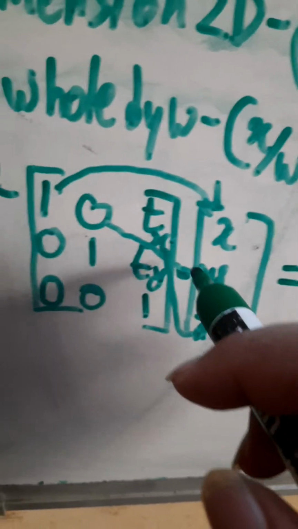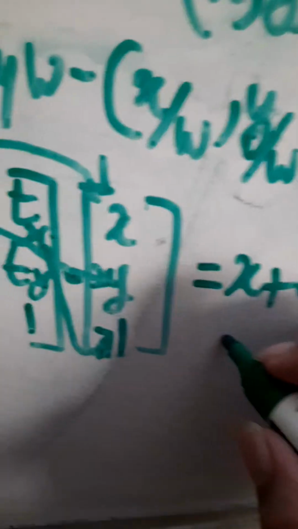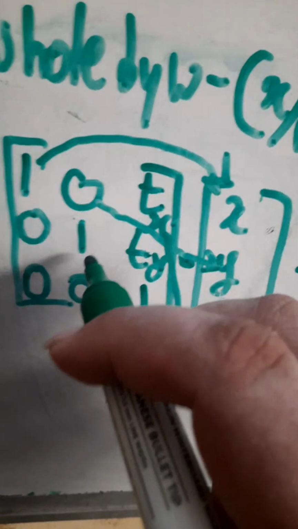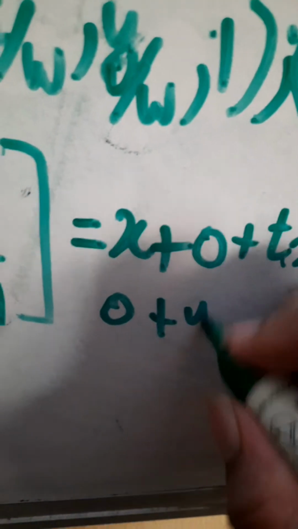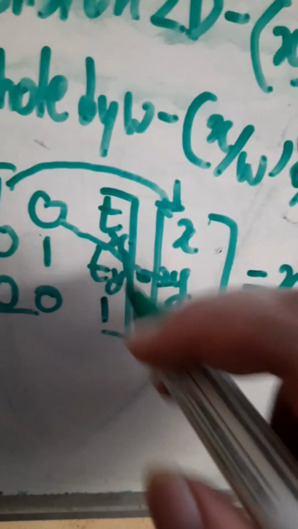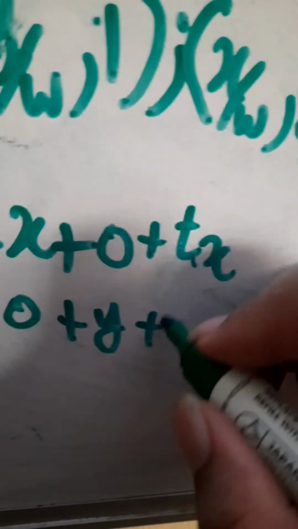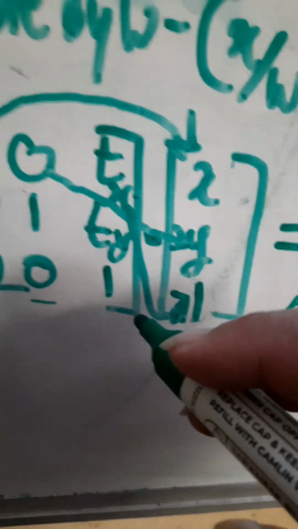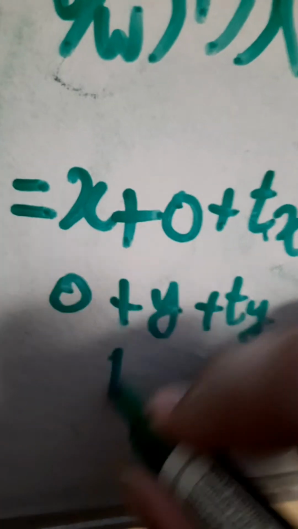Now x into 0 is 0, y into 1 is y, then 1 into ty becomes ty. And obviously 0 into x is 0, y into 0 is 0, and 1 into 1 is 1, so this would be 1.